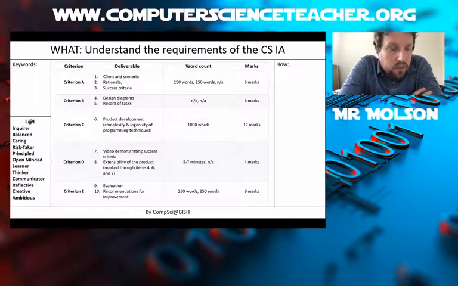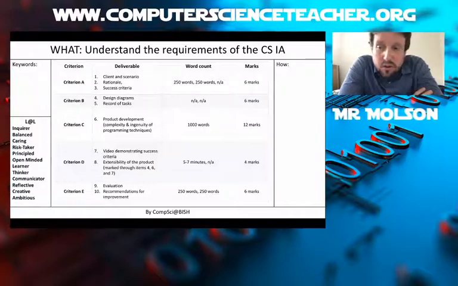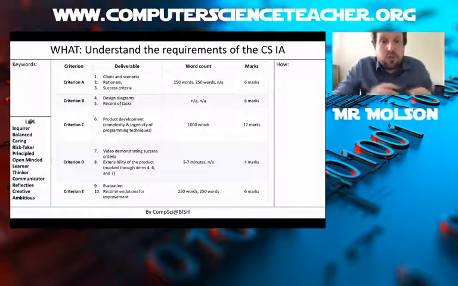Then criterion C. Now, I do recommend you do this as you create your product. It makes life a lot easier for you if you do your criterion C as you create your product. Basically, the idea of criterion C is you're going to take the examiner through the process of creating your product, and you're going to justify the choices that you've made.